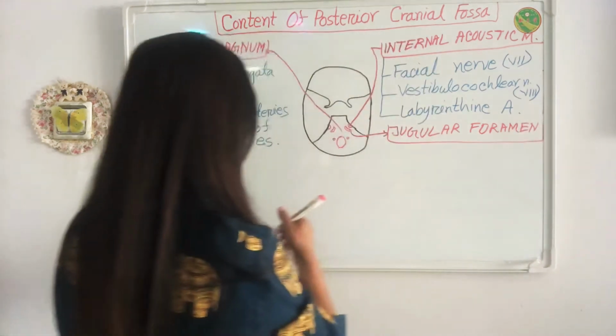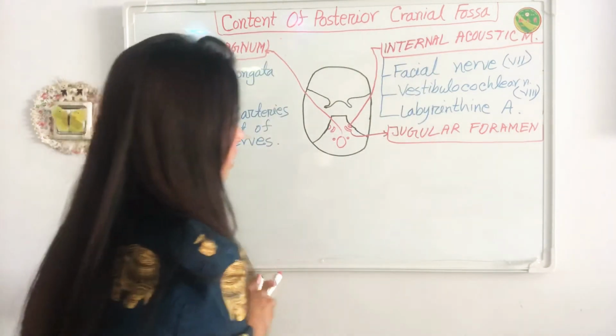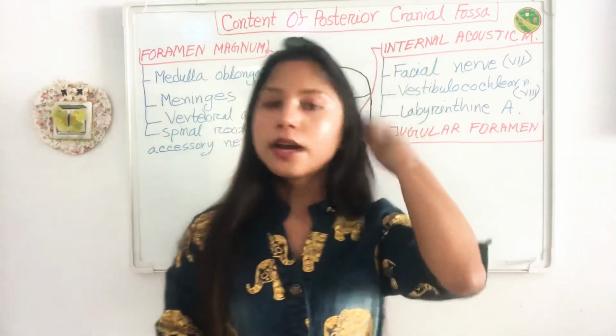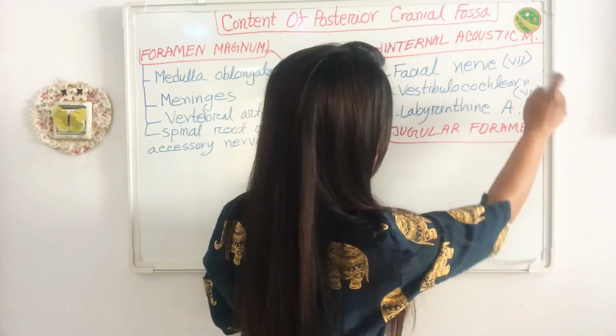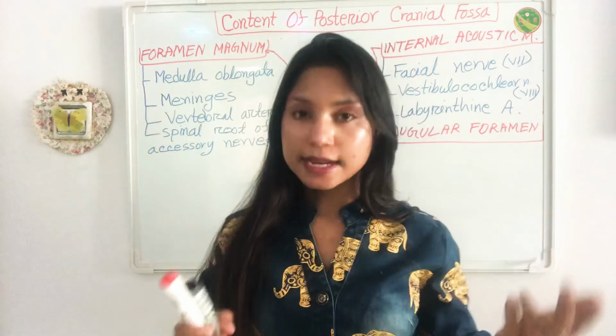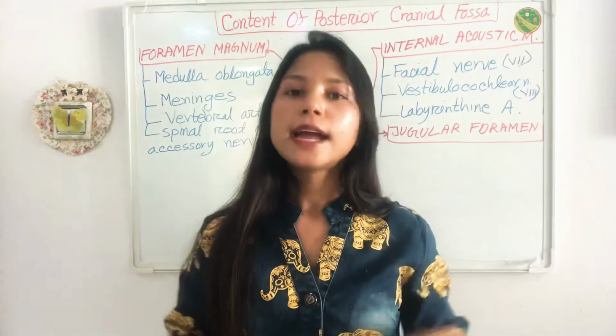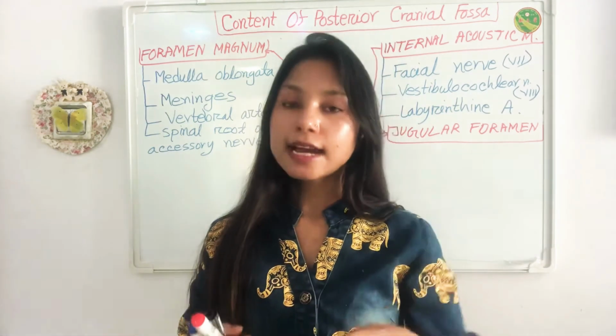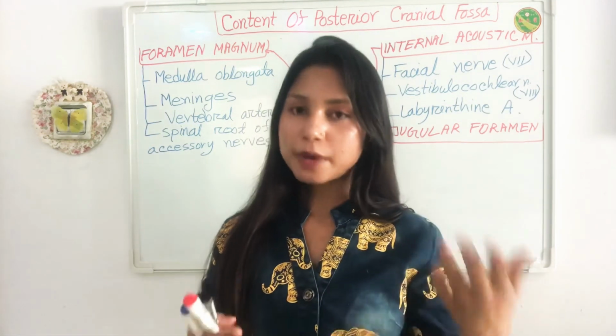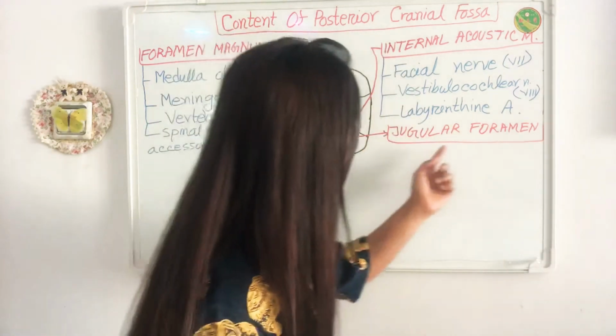The 7th and 8th cranial nerves pass through the internal acoustic meatus, and the 9th, 10th and 11th cranial nerves pass through the jugular foramen.